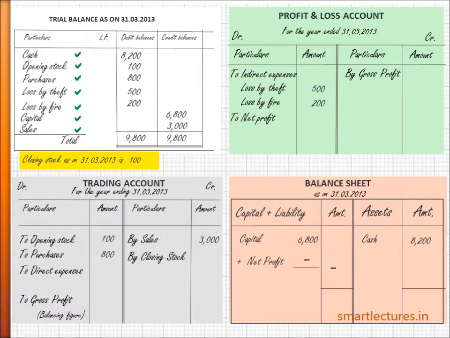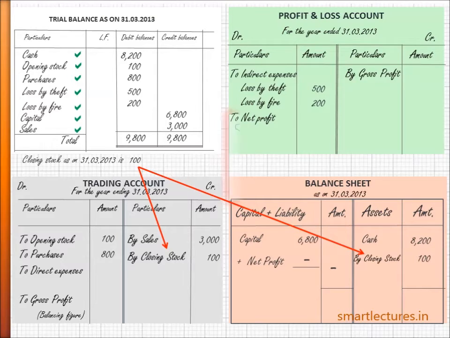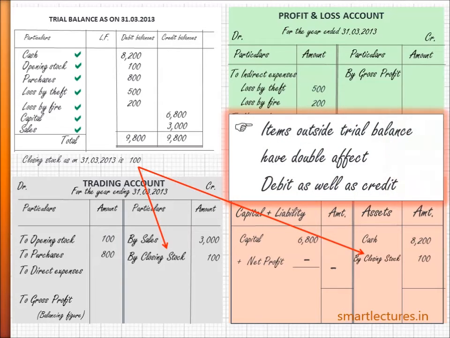This is not included in the trial balance, so it will hit two times, means double effect. First of all, it will be taken on the credit side of the trading account, then it will be taken to the debit side of the balance sheet. If you take any item which is not included in the totals of the trial balance, it will have double effect, one debit and one credit.